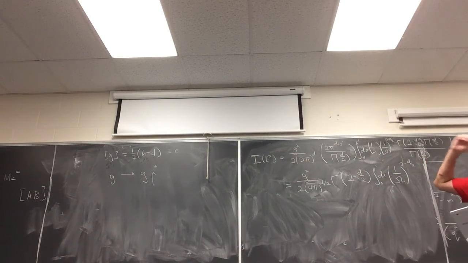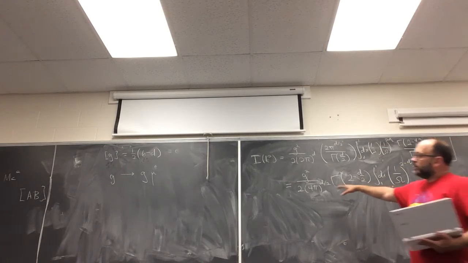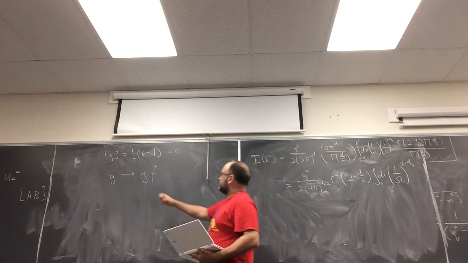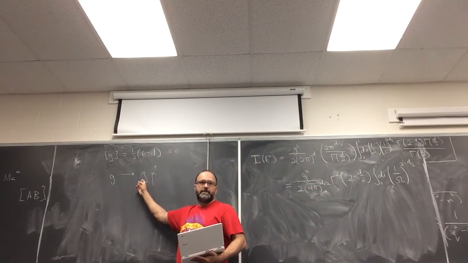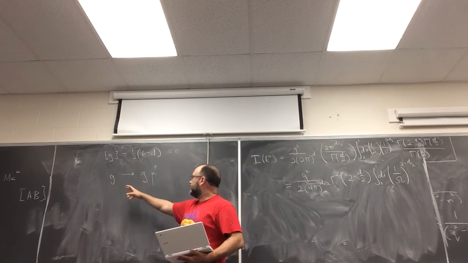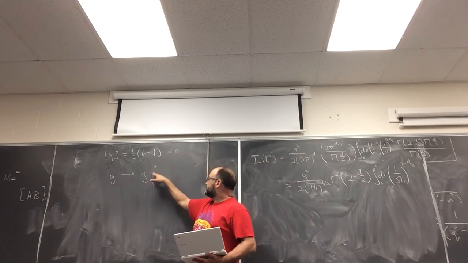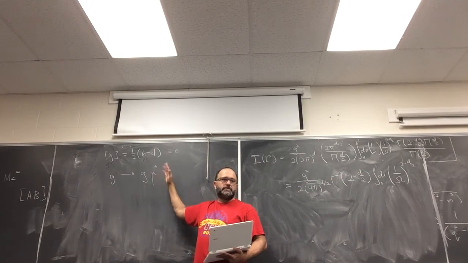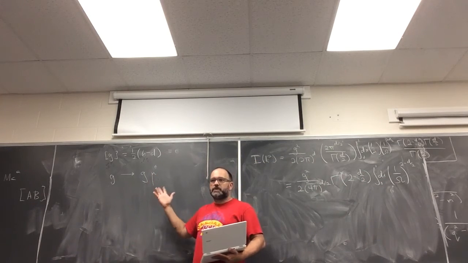So when we work in dim reg, our couplings in general become dimensionful, and we want them to be dimensionless. The way we do that is to pull out and introduce some unphysical scale. We don't know what the scale really corresponds to.